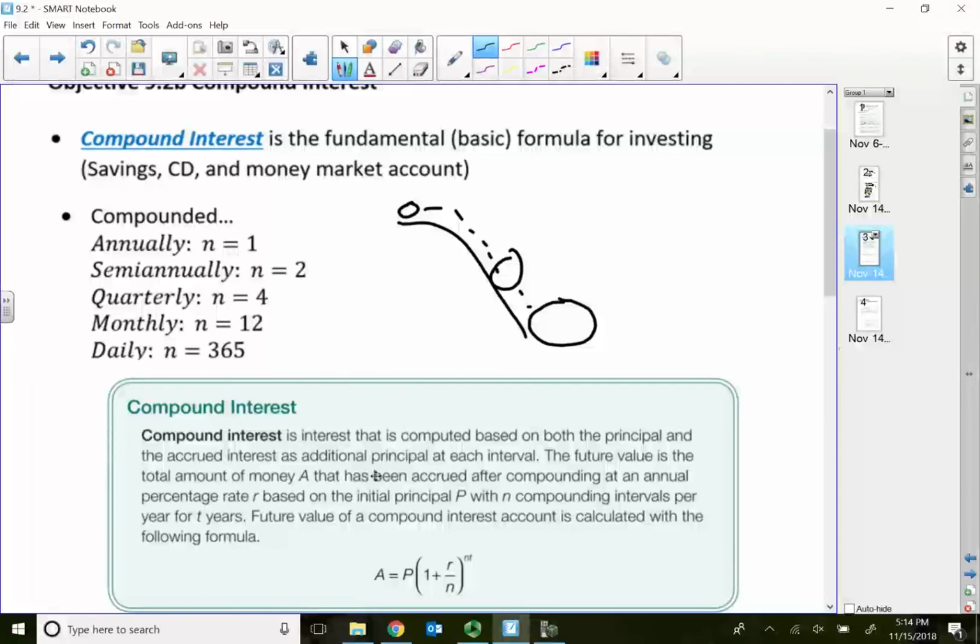So you have the principal plus the interest from the first compounding period, and you use all that money in the computation for the next compound interval.